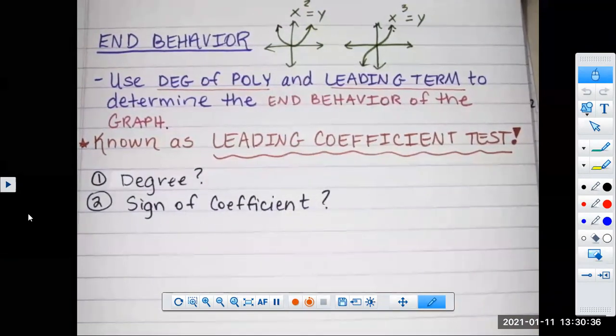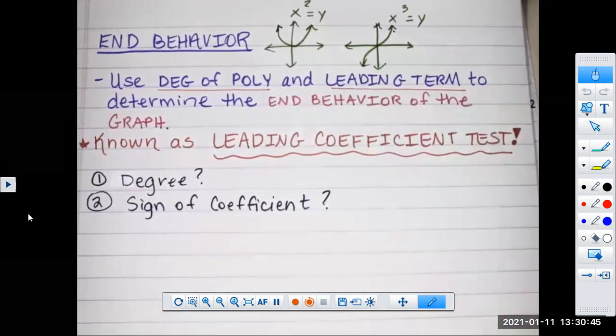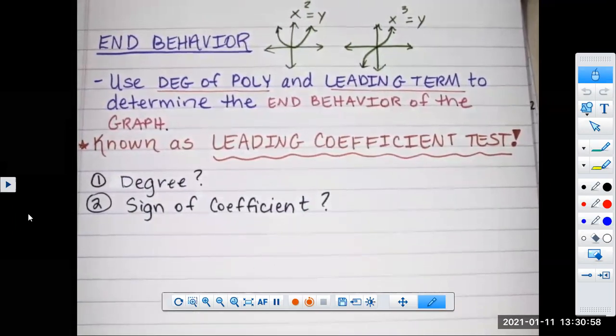You use the degree of your polynomial that we just looked at and practiced finding, and the leading term or the coefficient. You have to make sure your polynomial is in standard form, or at least find your highest degree, then look at the number in front of it. Is the number in front of it positive or negative?